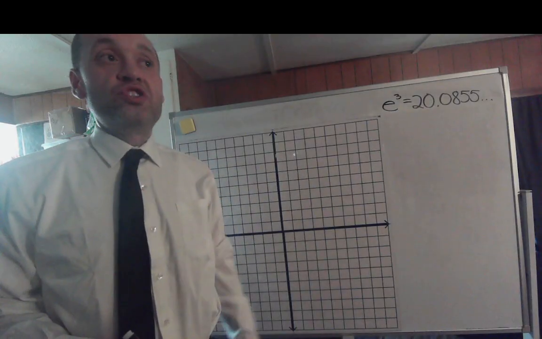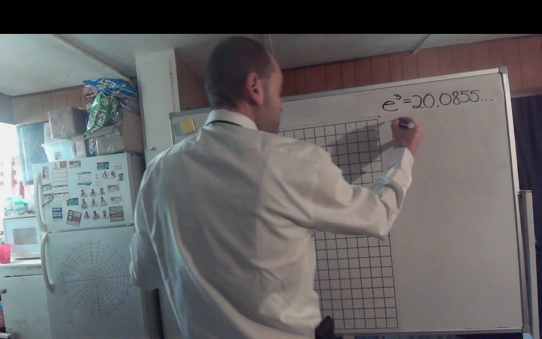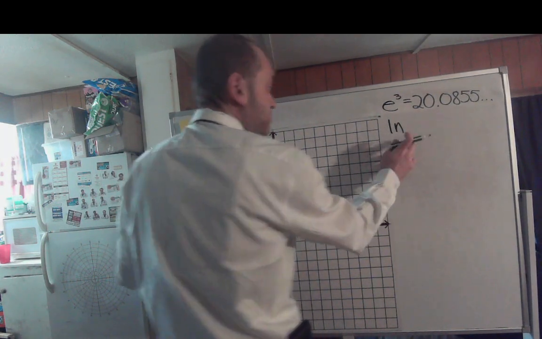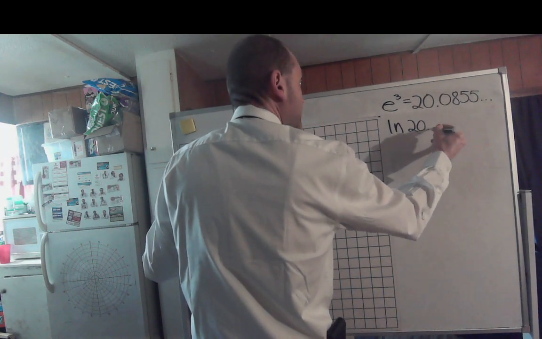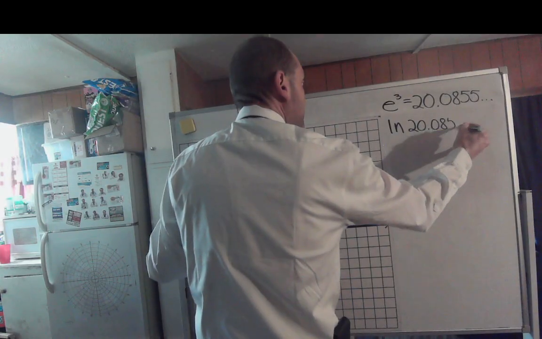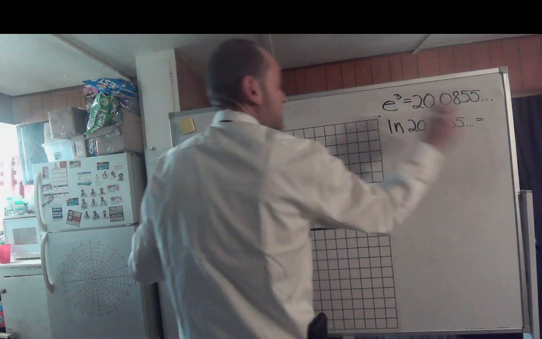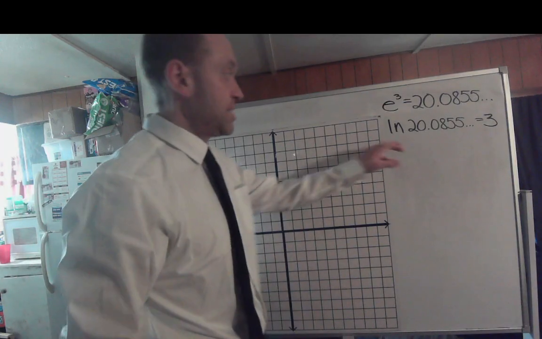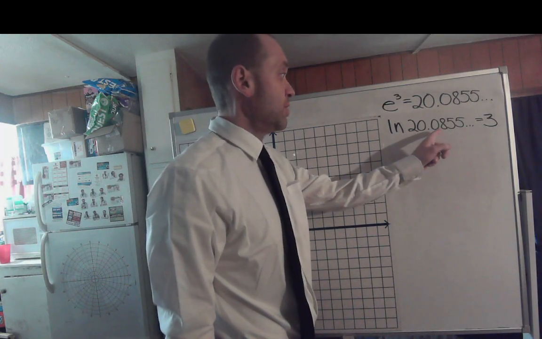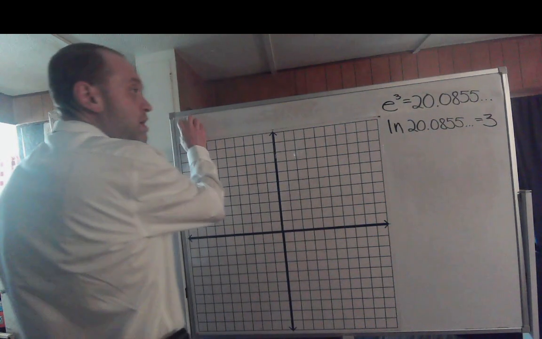That means it's going to be a natural logarithm. So we know this will be the ln, which means base e, of 20.0855... equals my exponent of 3. So this would turn into the natural log of 20.0855... equals 3. We'll do a few more exponentials here.